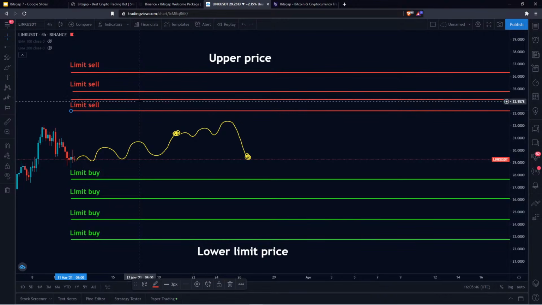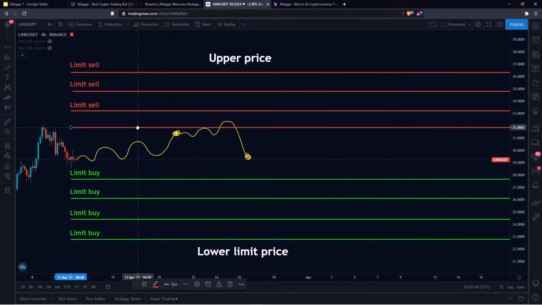Exactly, it's going to place a new limit sell order in order to sell these newly purchased Link coins. So this process ensures pretty much never-ending trading as long as the price stays within the upper price and lower limit price boundaries. Okay, so that's the way the grid works.